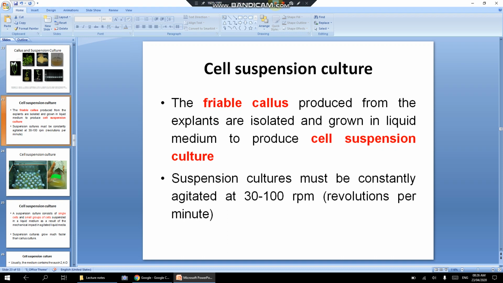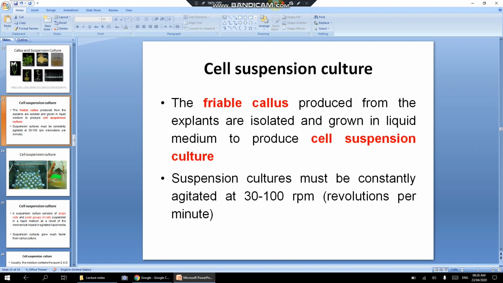In order for you to produce cell suspension culture, something that you need to know is that suspension culture is friable. The callus is friable, meaning the cells are isolated and spread everywhere in the liquid media. It is grown in a liquid medium and agitated so that it is called suspended.